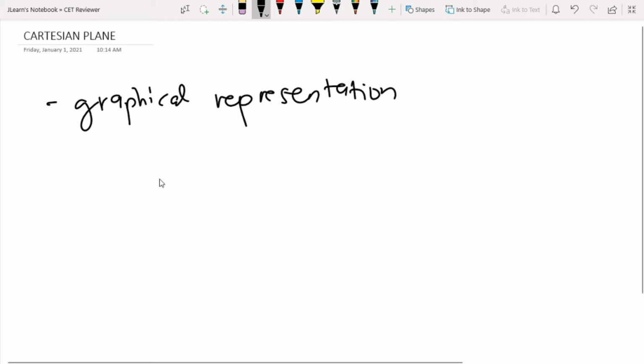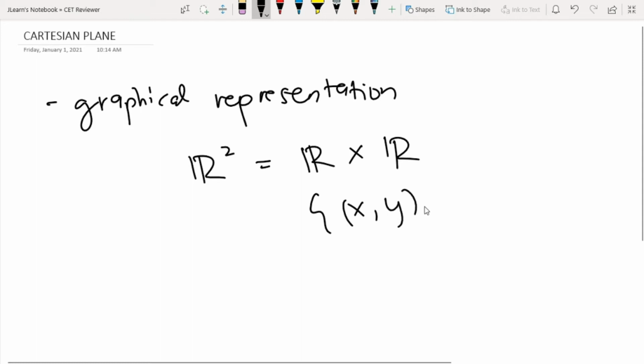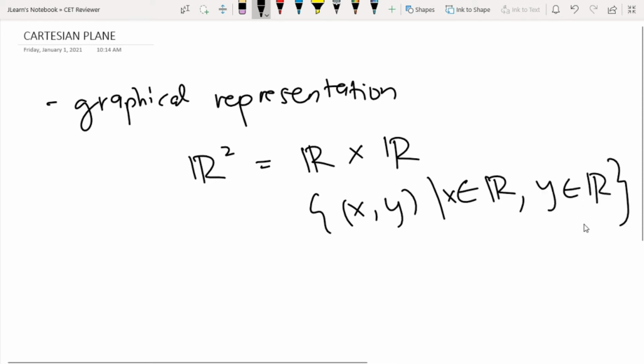Kung gusto nyo maging technical, cross product siya ng real numbers. Meaning, meron kang dalawang values, X and Y, such that X is an element of all real numbers and Y is an element of all real numbers.